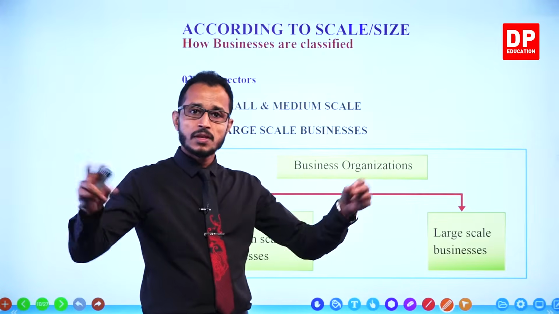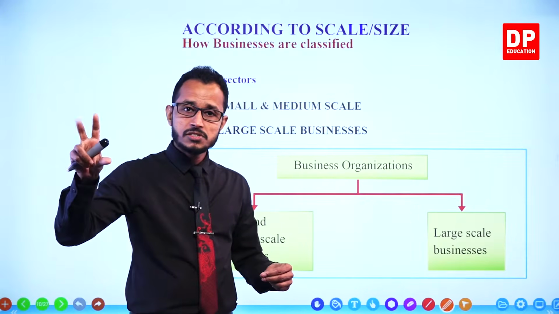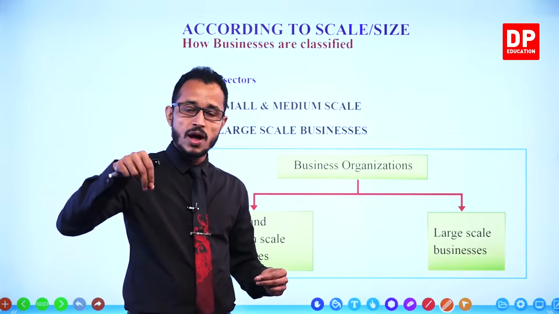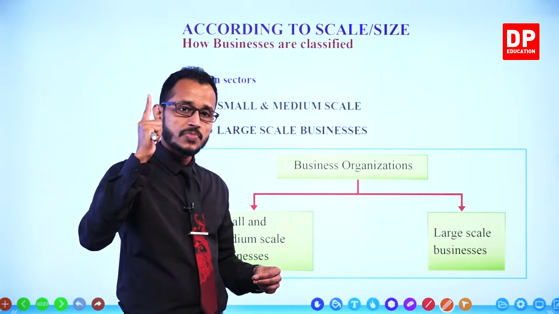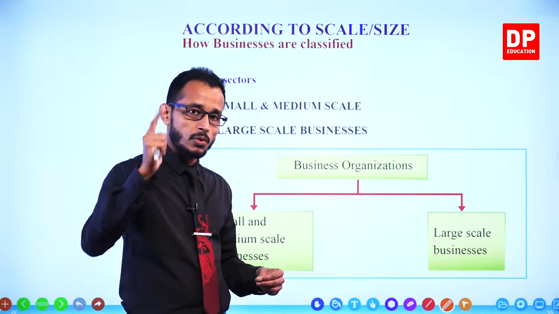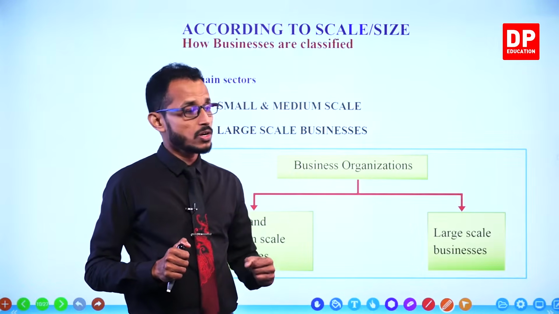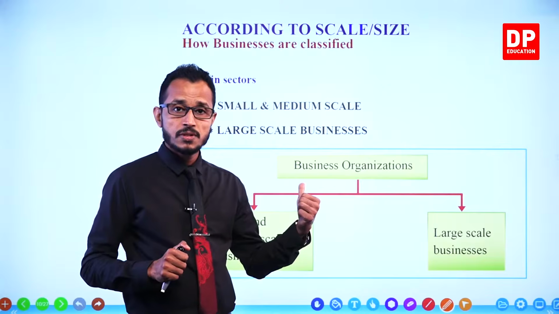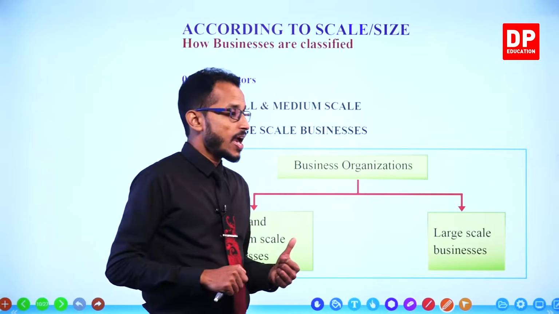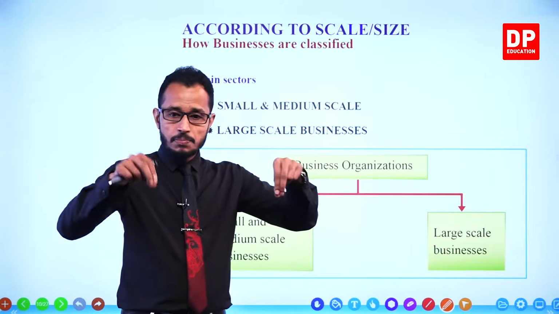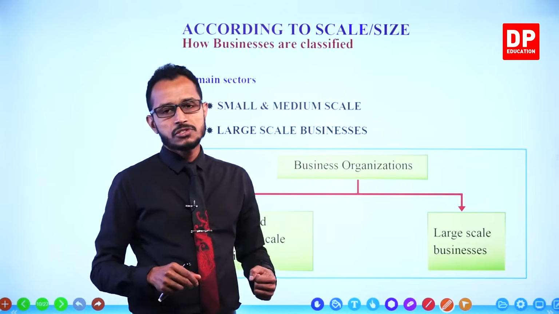One-owner businesses, started by only one owner, were called sole proprietorships. And we talked about multiple owner business organizations.